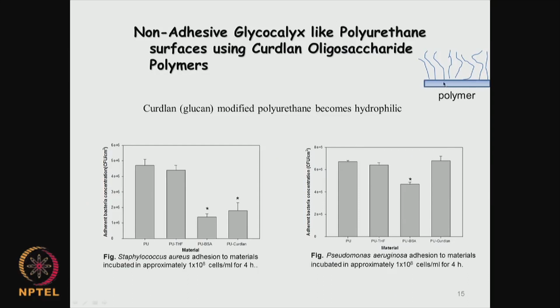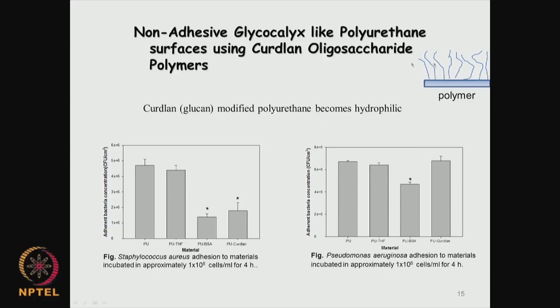So, in this example what we did was we tried to immobilize a glucan which is called a curdlan, it is an oligosaccharide. Okay. So, it becomes a non-adhesive glycocalyx type of surface. So, the polymer itself, polyurethane, has a very high contact angle, it is very hydrophobic. So, as we immobilize this, okay, then the hydrophobicity goes down, it becomes very hydrophilic. So, the attachment of organism as I said on hydrophilic surfaces is much less when compared to the hydrophobic surface.